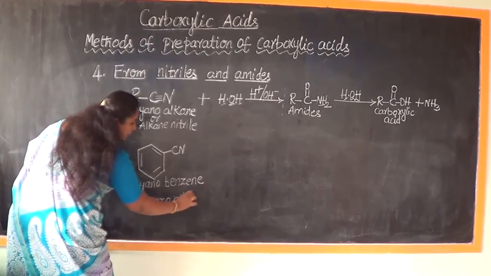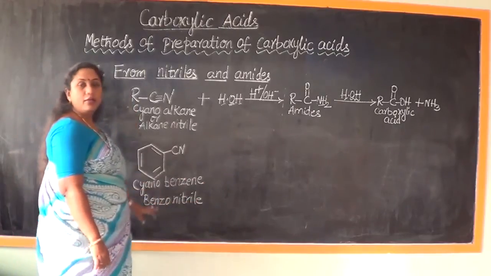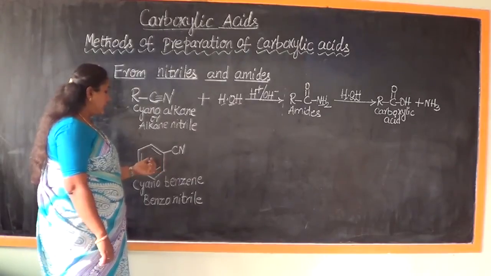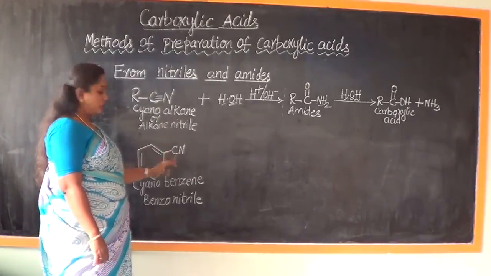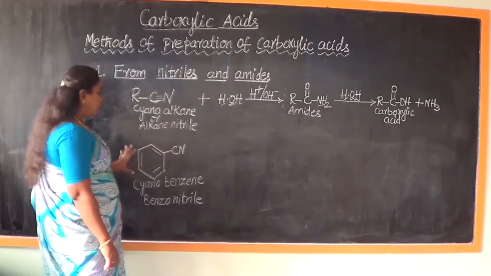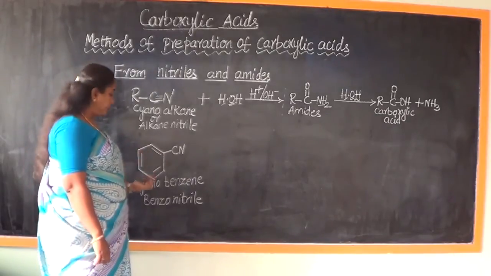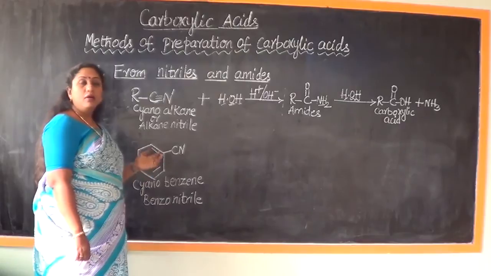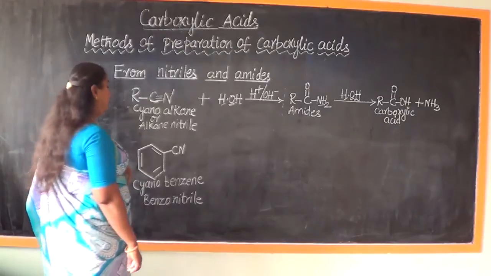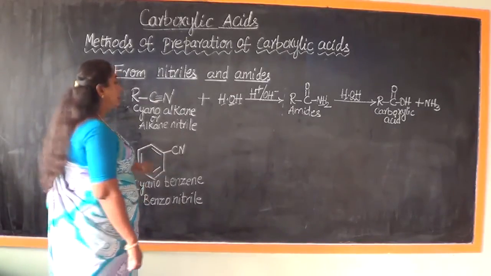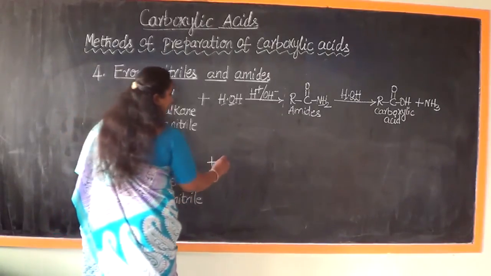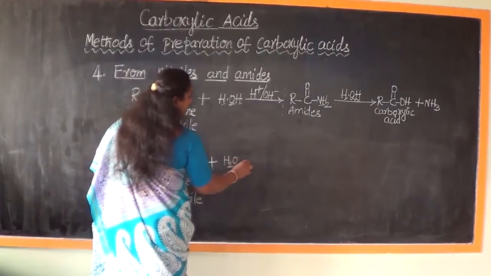If I am going to name it as nitrile, I should call it benzo. Benzo includes all the 6 carbon atoms of the ring and then this carbon also. So benzo, and then nitrile is for the nitrogen of the cyano group. So cyanobenzene or benzonitrile are both accepted IUPAC names. Phenyl cyanide will be its trivial nomenclature.